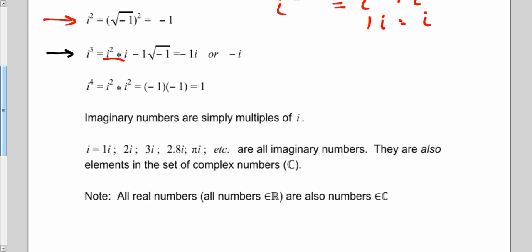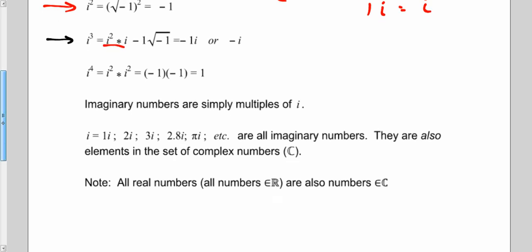Now, imaginary numbers are simply multiples of i. What do I mean by multiples of i? Well, I just put a coefficient in front of that i, right? So 1i, 2i, 3i, 2.8i, pi times i, etc. They're all imaginary numbers. They're also elements in the set of complex numbers.